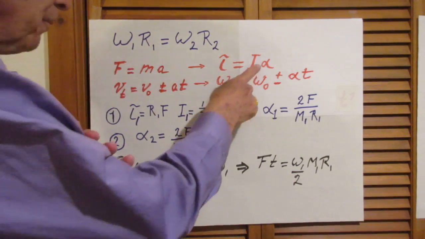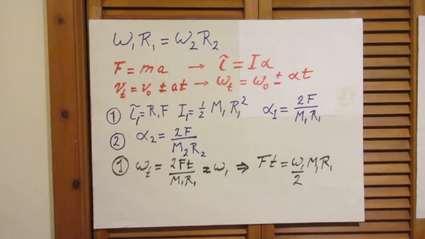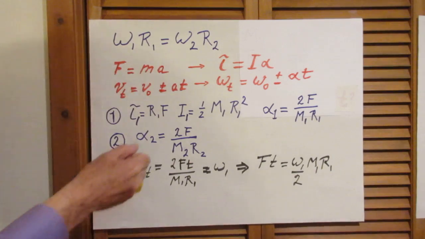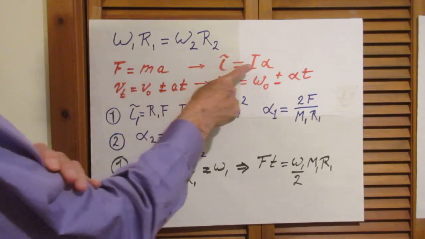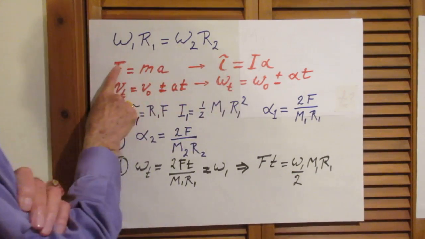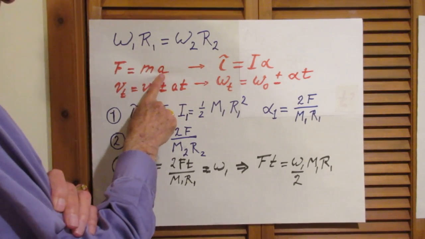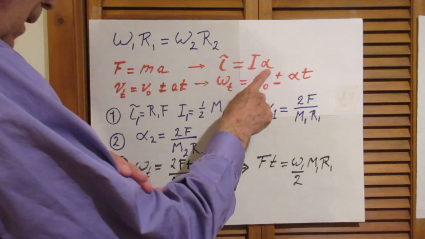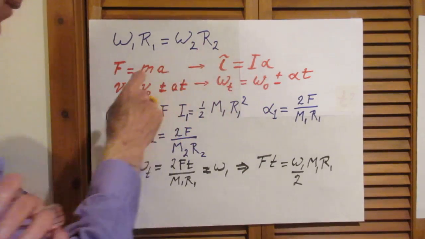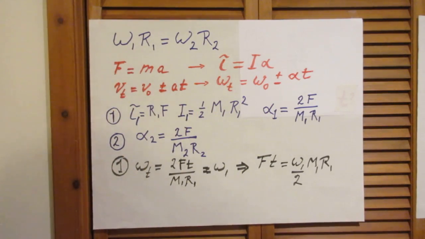So now you see here the equivalents for rotating objects. We always replace the mass by moment of inertia, the force by torque, and the linear acceleration by angular acceleration, which we call alpha.